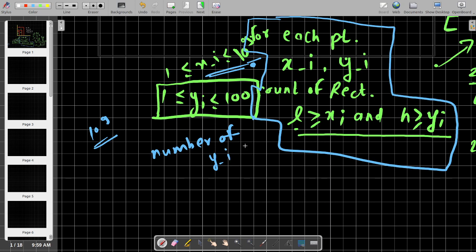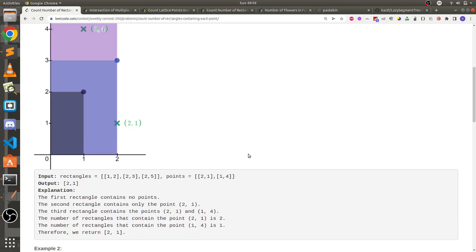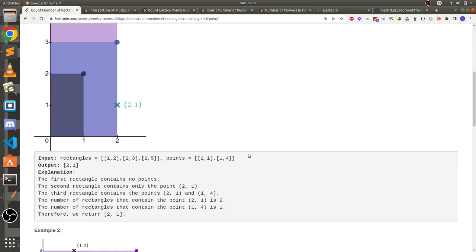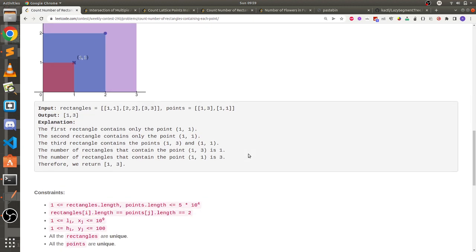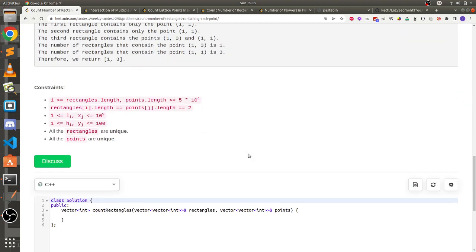Let me check one more condition, 2114, and what's the length of this, xi, yj, and points dot length.